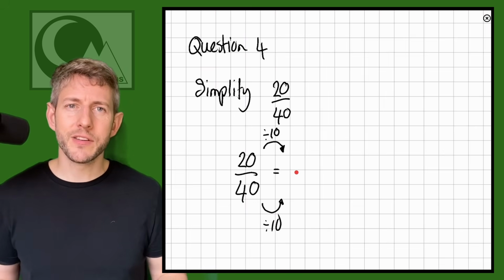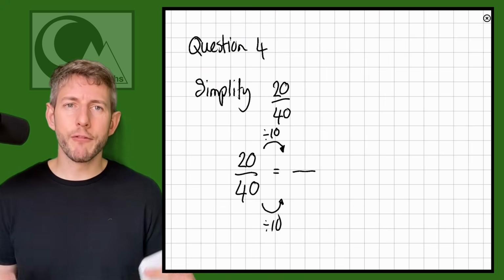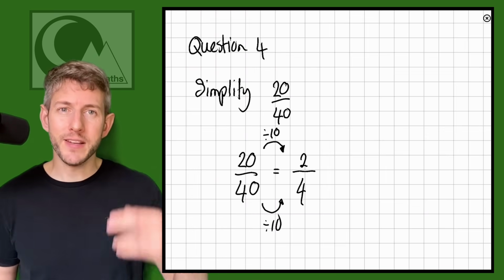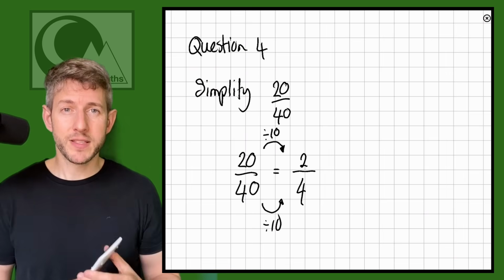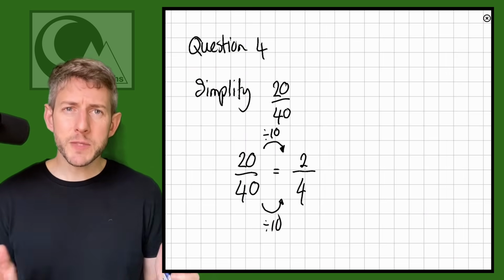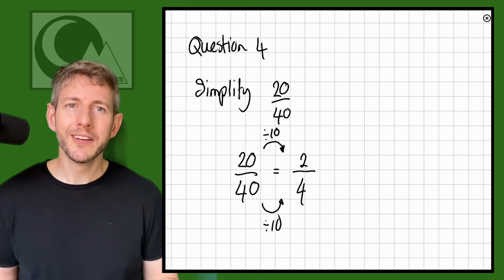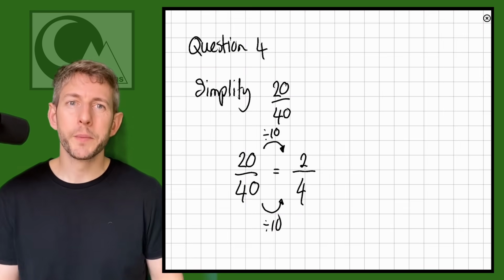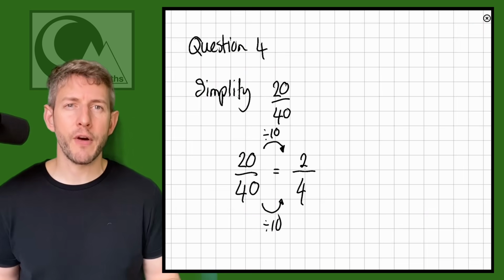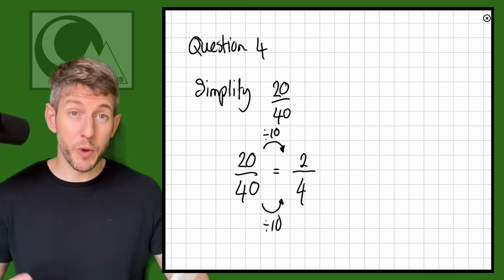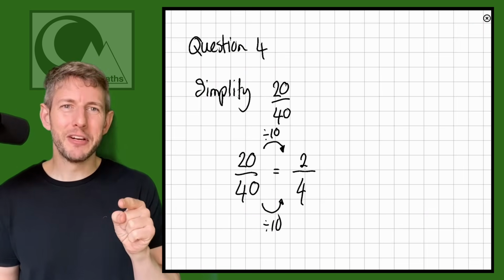So I know instantly that 20 over 40 is going to be 2 over 4 because I've divided both the top and the bottom by 10.